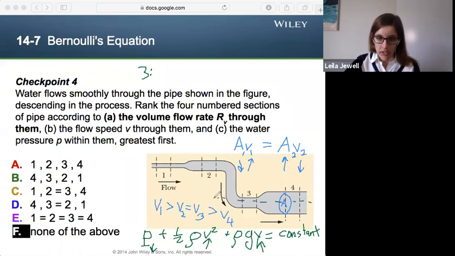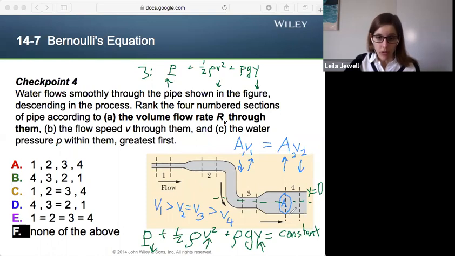We could set this down here as y is equal to 0. So we see that our velocity has gone down, but really our y has gone down. Right, if we're looking at these terms. So these are both down compared to 1, and so our pressure is going to be up.